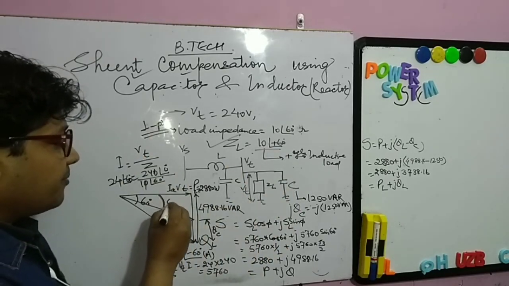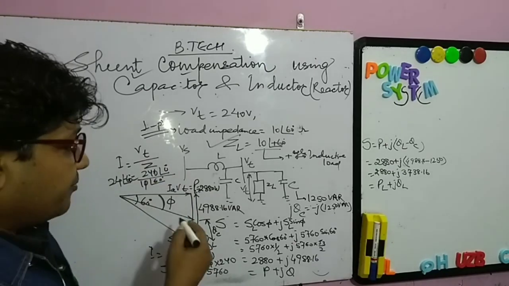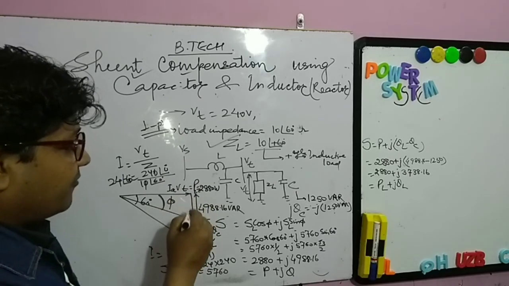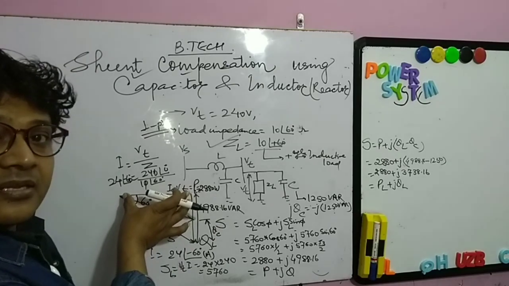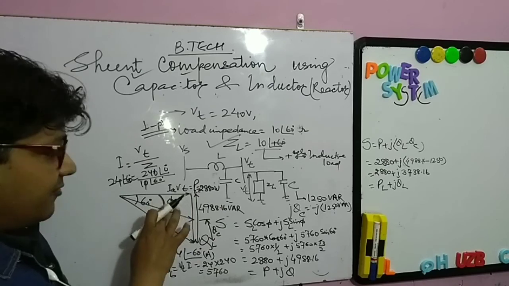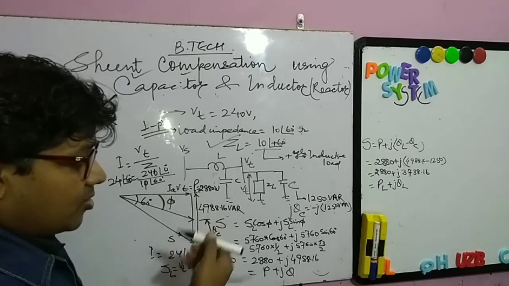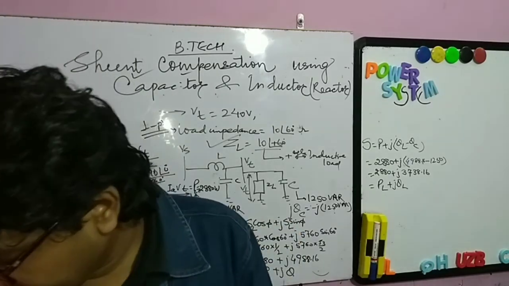Now your improved power factor angle is phi, so we can get phi from tan phi equals height upon base, and then the power factor is cos phi, right?